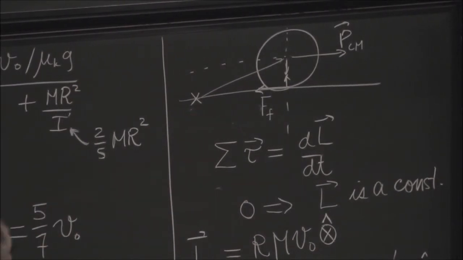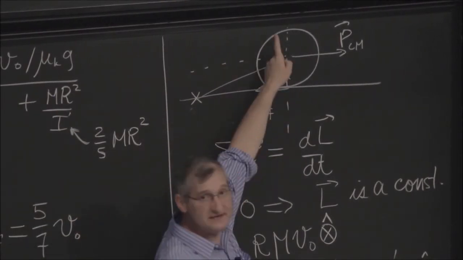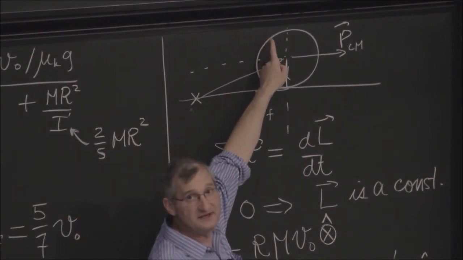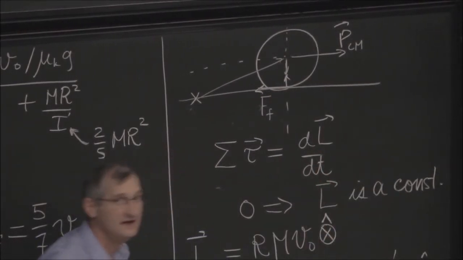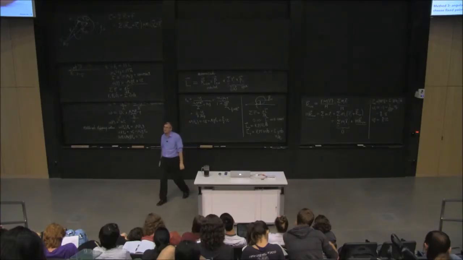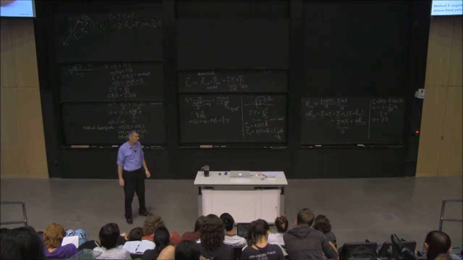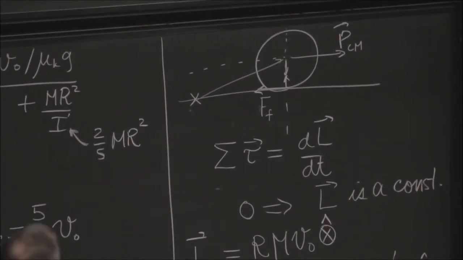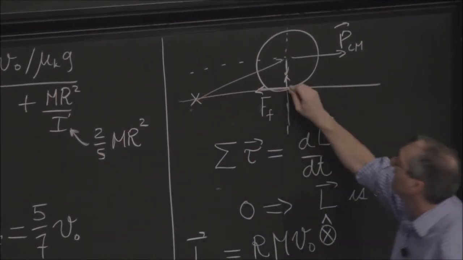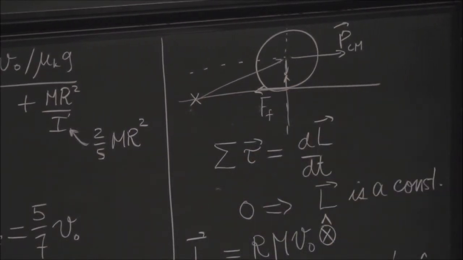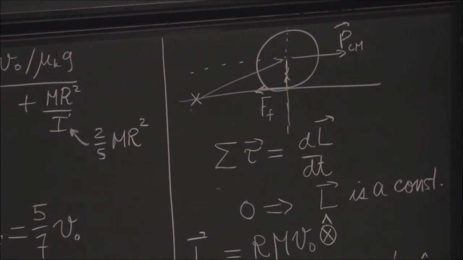Well, the normal force is equal and opposite to gravity. So the normal force, R cross F, is out of the board. And furthermore, the perpendicular distance to the line of action of both those forces is the same. So those torques are equal and opposite and wipe each other out.